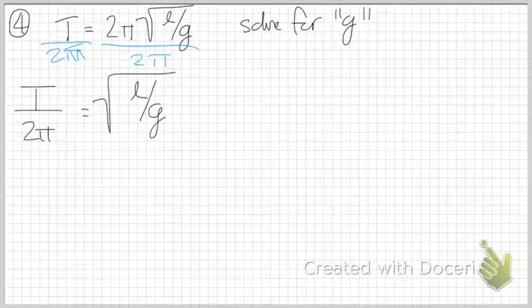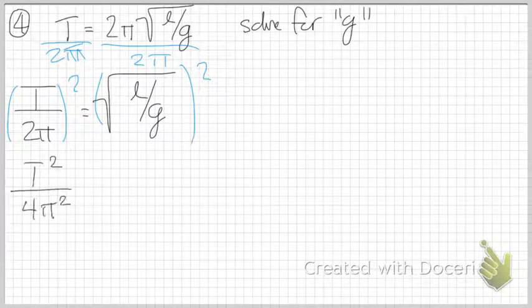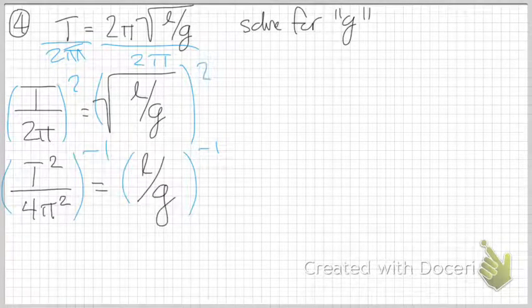Oh, I did write it. And then I have t over 2 pi equals square root L over g. And I want to get to my g, so I've decided to square both sides. That removes my radical. And notice my exponent distributes on that denominator, so it's 2 squared times pi squared. So I have t squared divided by 4 pi squared equals L over g.